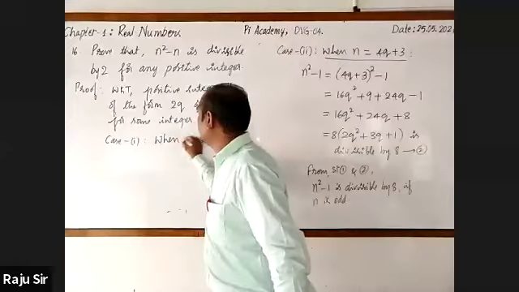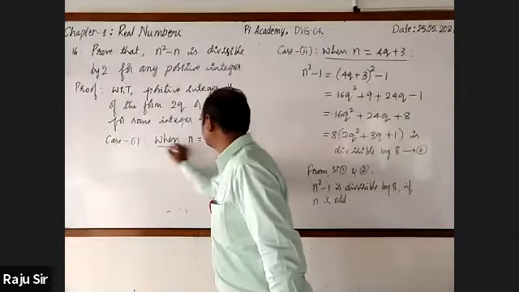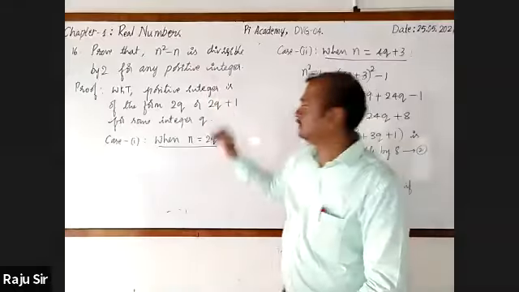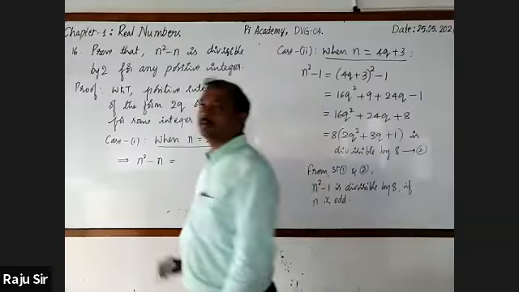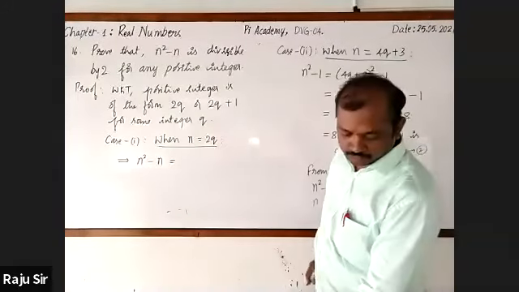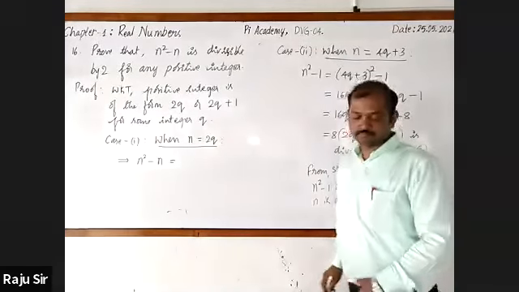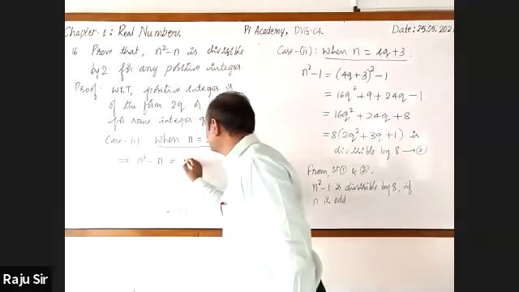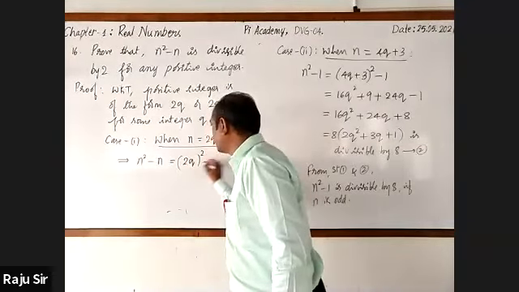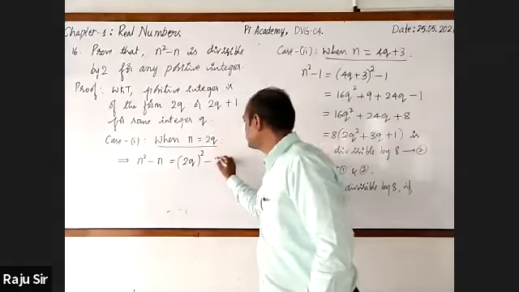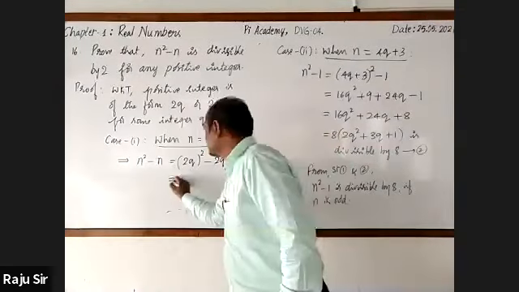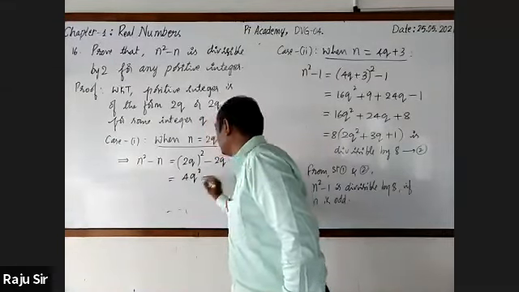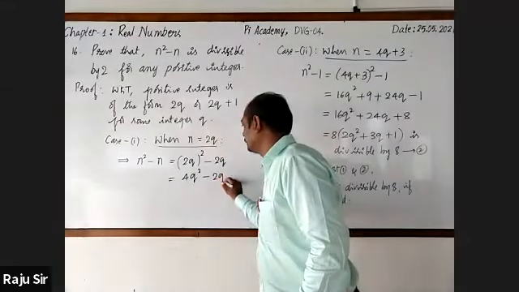When n is 2q, n square minus n is there, where n is 2q: 2q whole square minus 2q, which is equal to 4q square minus 2q.